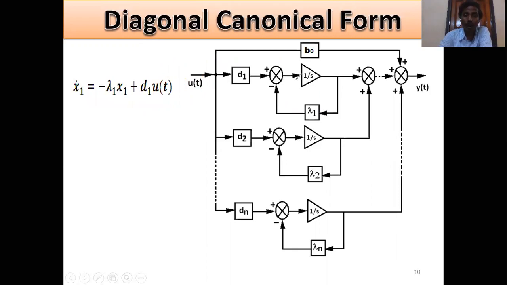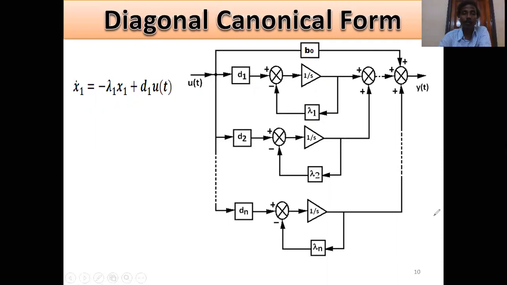Put here x1 dot, and x1 dot is integrated to give x1. This is the feedback path, minus lambda 1 x1, and this is u(t) into d1. So x1 dot equals minus lambda 1 into x1 plus d1 into u(t).